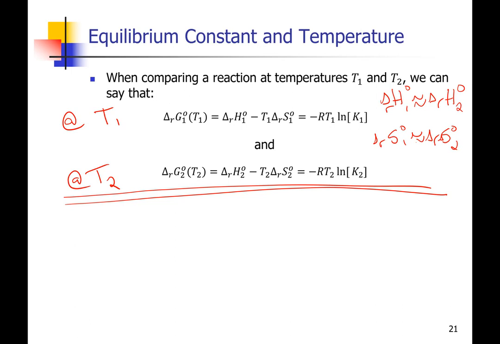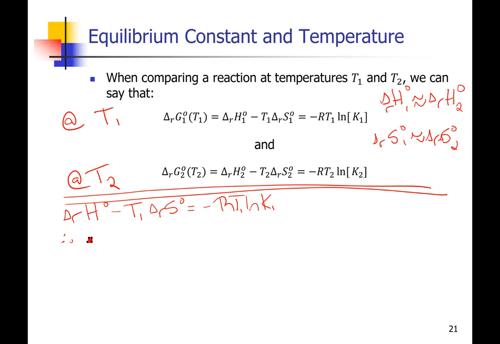And so if I take my first equation, I have the standard enthalpy change for the reaction, which we're saying is pretty constant, minus temperature number 1 times the standard entropy change, which we're saying is also pretty constant, is equal to negative RT1 times natural logarithm of K. And to isolate the entropy, I'm going to rearrange this equation.